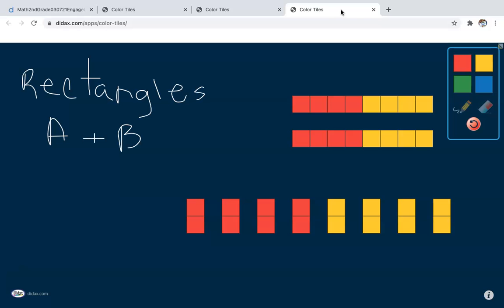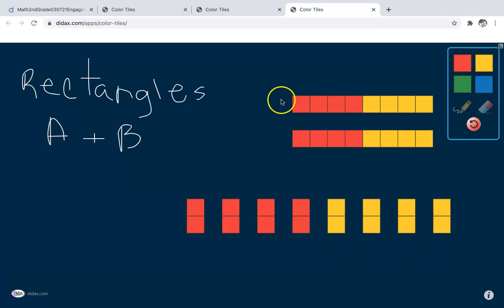So the first way is we could put them 2 rows, row 1, row 2, 8 plus 8, but now we have 16. 2 groups of 8, 8 plus 8 equals 16, or we can put them in columns 1, 2, 3, 4, 5, 6, 7, 8 columns of 2, so we could write 2 plus 2 plus 2 plus 2 plus 2 plus 2 plus 2 plus 2, but it's still going to be 16.